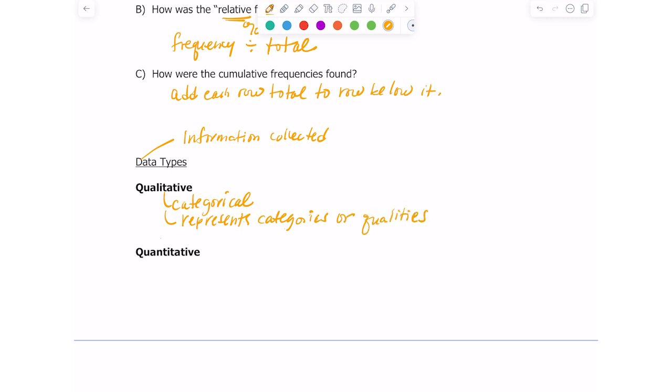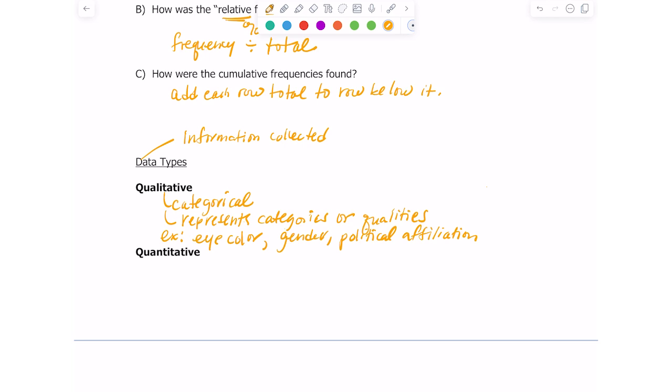Some examples of that could be eye color, brown, green, blue, gender, male or female. It could also be political affiliation. Okay, colors in a pack of M&Ms, that could also be qualitative.